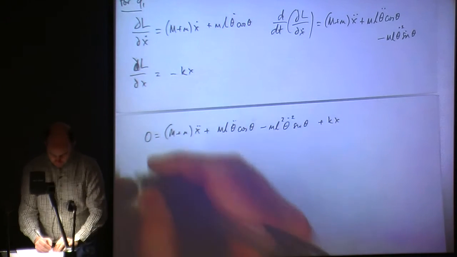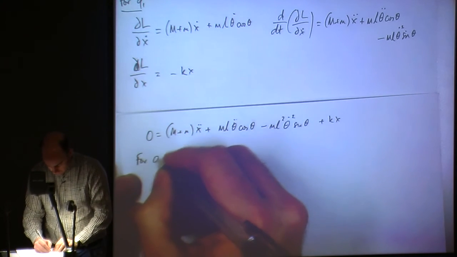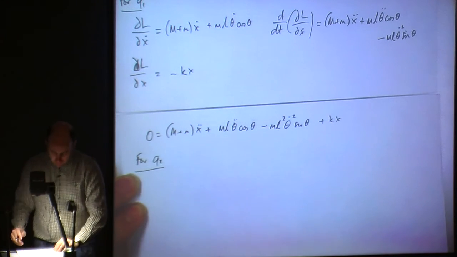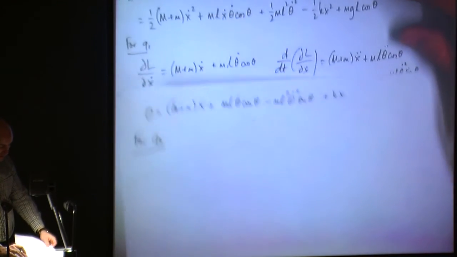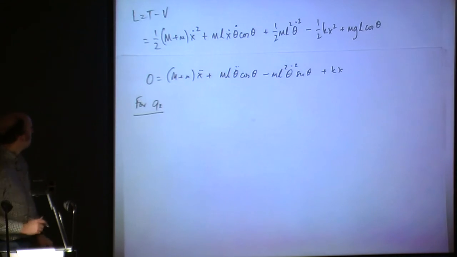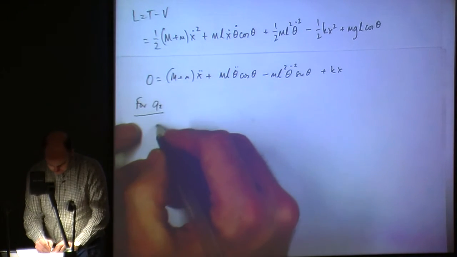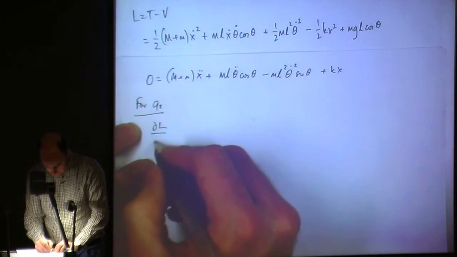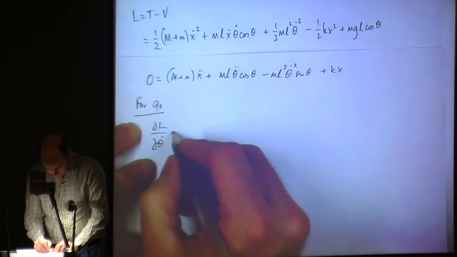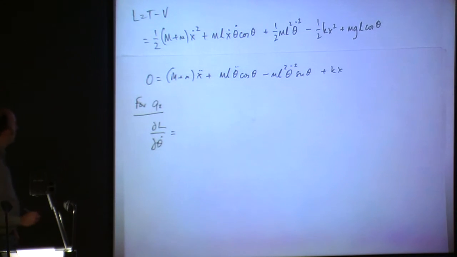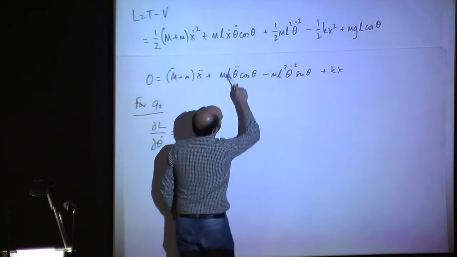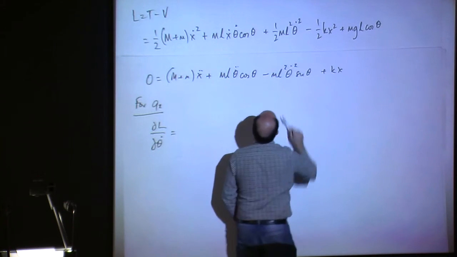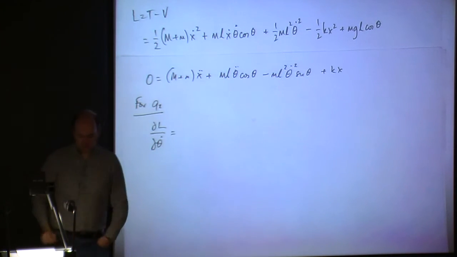I'll repeat the process for q2. So let me bring L back into the picture so you can see what we're doing. Partial derivative of L with respect to theta dot, well there's one here, there's one here, and those are the only two terms we need to take into account.